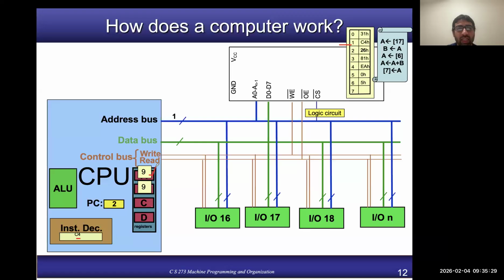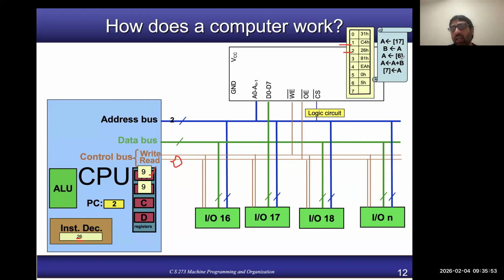After that, the next value of the PC is placed on the address bus again, and again the read signal is enabled. Then the instruction from the next memory address, which is 26, is fetched and decoded by the instruction decoder. Now, what is this next instruction?